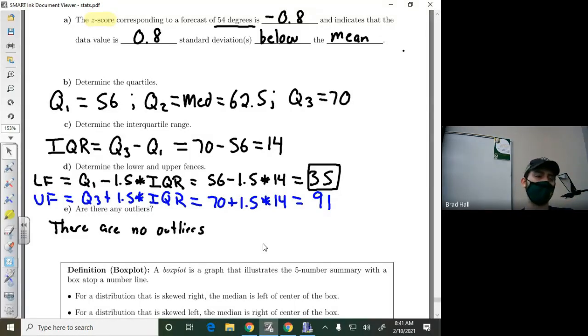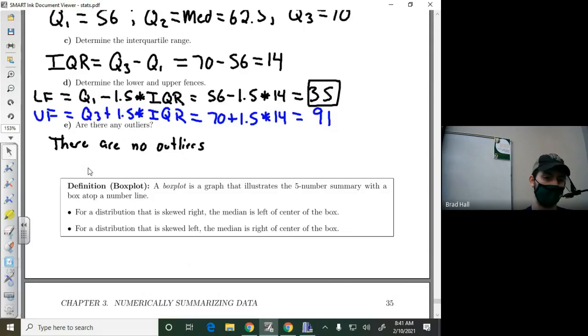A box plot is simply a visual representation of a 5-number summary. If you took 105 last semester, you might remember box plots. It just illustrates the 5-number summary with a box, normally atop a number line.